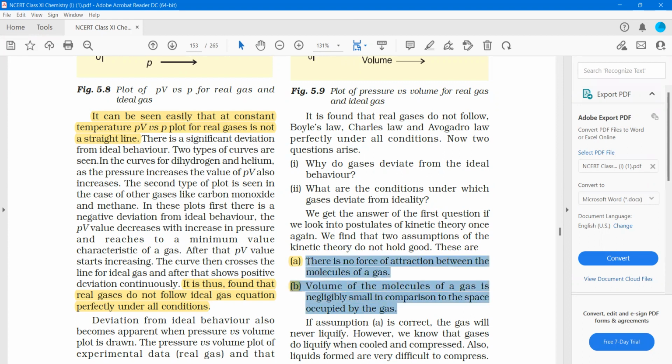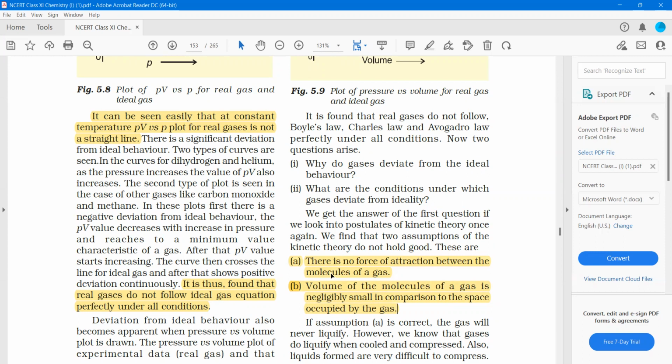These two assumptions were taken when we were studying the kinetic theory of gases, which was for the ideal gas situation, and it was explaining Boyle's law, Charles' law, Gay-Lussac's law, Avogadro's law correctly, right? And definitely the equation of state, which is made up of all these laws. But these two assumptions do not hold good for the real gas. That is where these gases deviate from the ideal behavior.